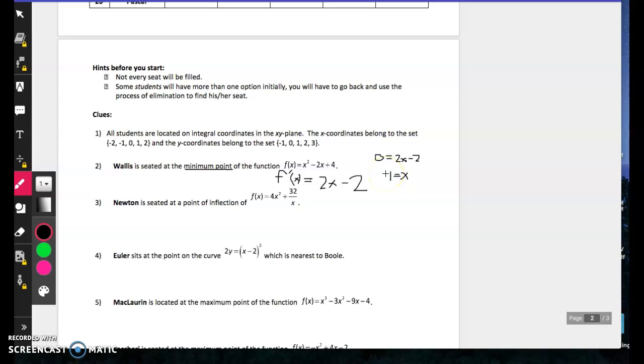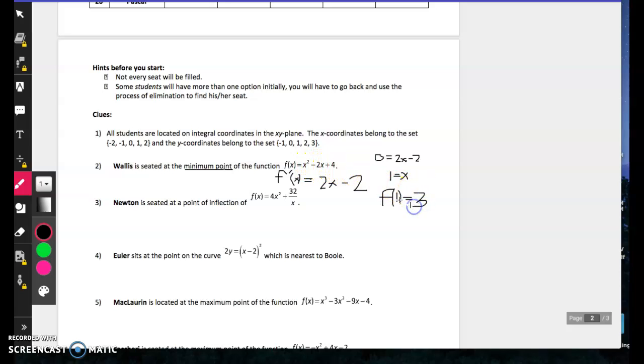And I'm going to plug in the 1 to the original equation. So f of 1 is 1 squared minus 2 plus 4. So 1 minus 2 is -1 plus 4 is 3.